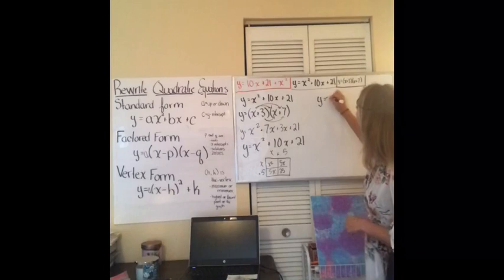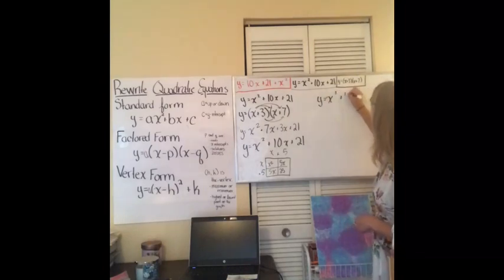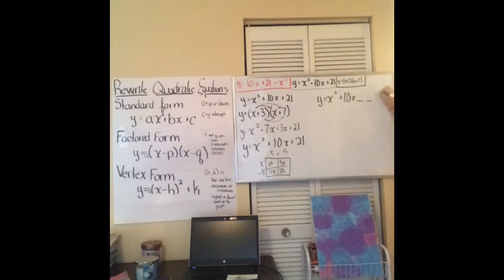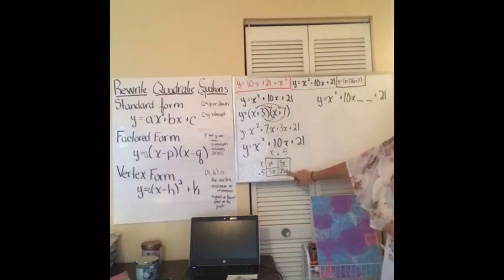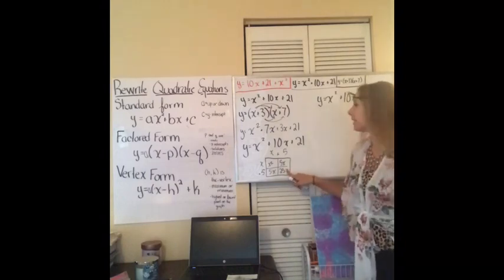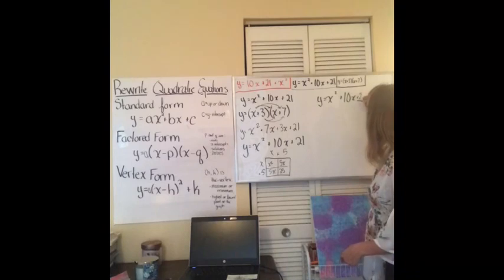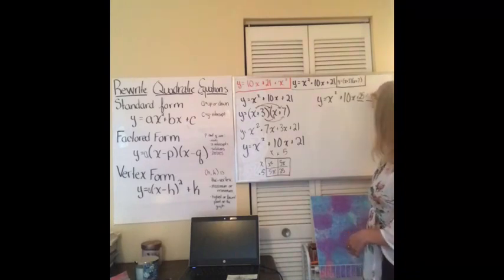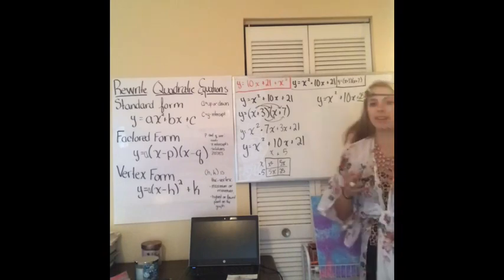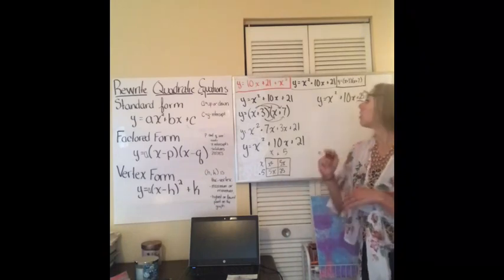So now I'm going to move over here and leave my space. Y equals x squared plus 10x, leave space, plus 21. In this space, I'm going to put 25 because I completed my square. So plus 25. If I add 25, I also have to subtract 25 because I need my equation to stay equivalent.